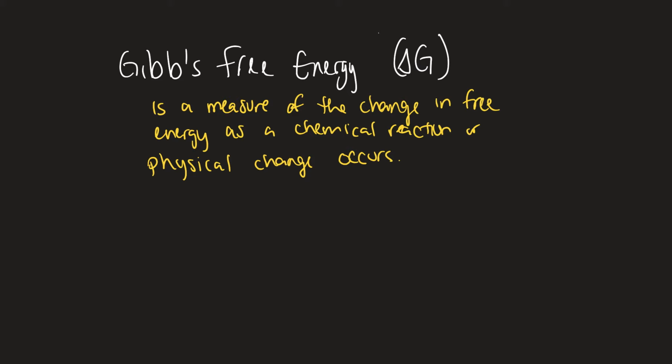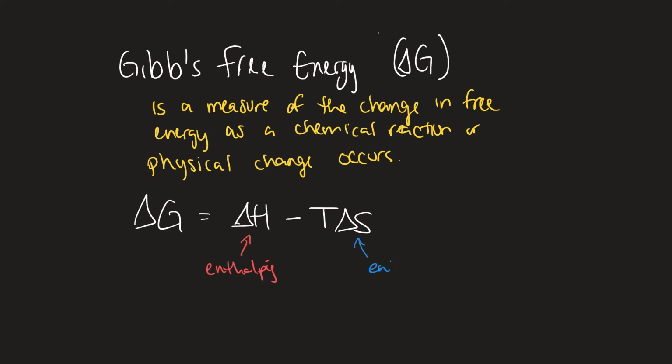Gibbs free energy is often calculated as delta G equals delta H minus T delta S, where delta H is your enthalpy, or the heat of reaction, delta S is your entropy, and T is temperature, which specifically needs to be in kelvins.